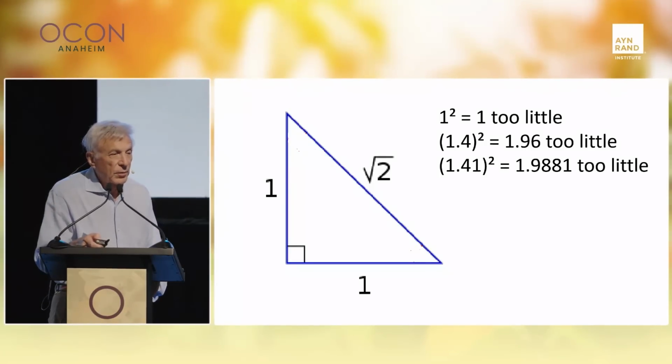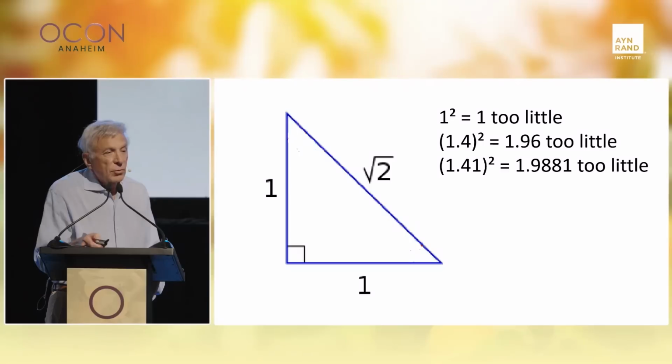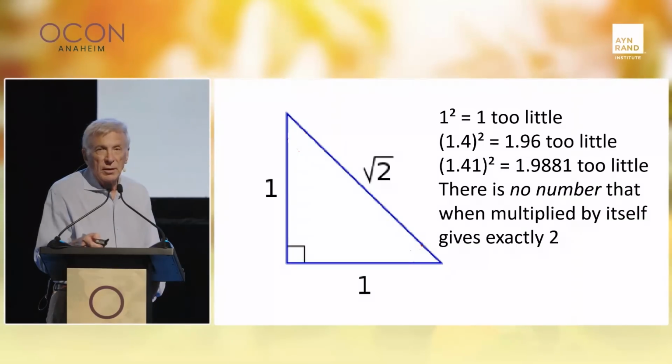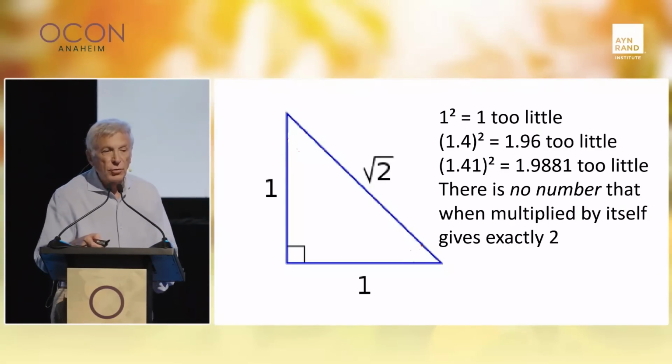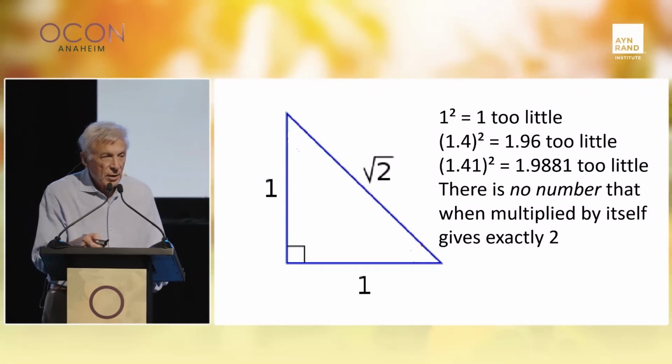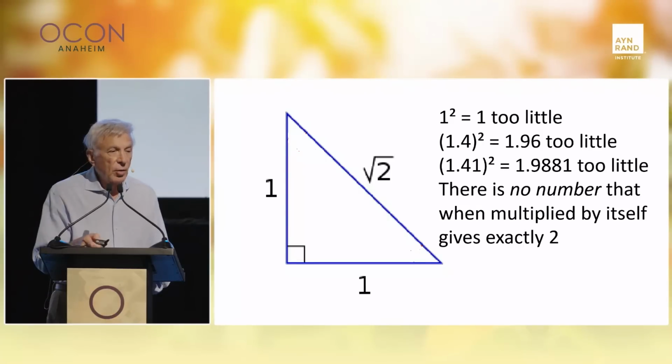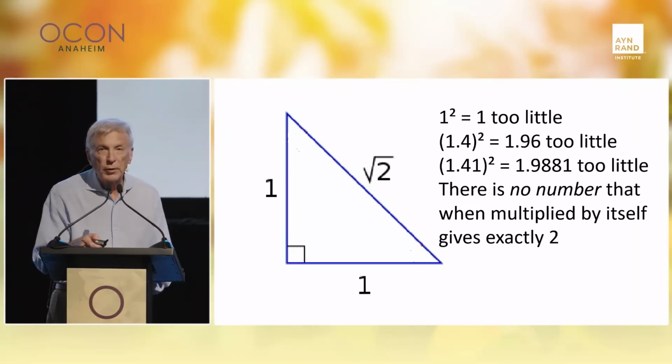That's too little. So what is it? And as the ancient Greeks discovered, there is no number that when multiplied by itself gives exactly 2. Rumor has it that they took the person who discovered that and threw him off a cliff.